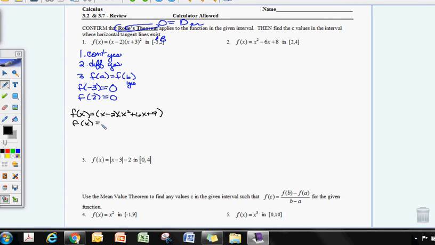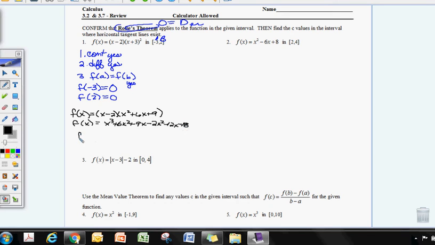So I end up with x cubed plus 6x squared, 6x squared plus 9x minus 2x squared minus 12x minus 18.